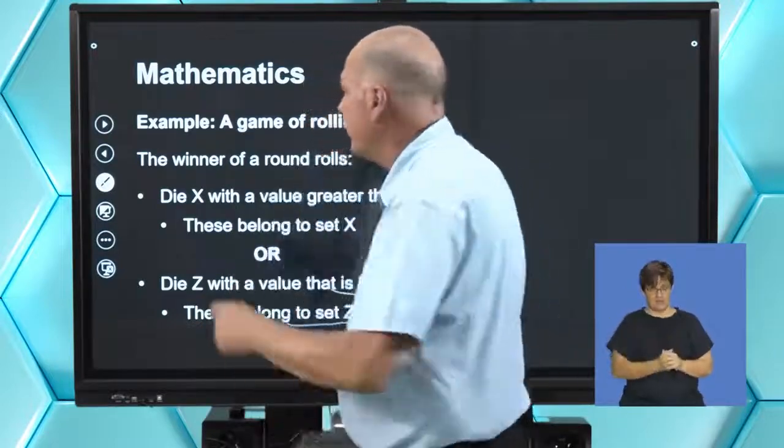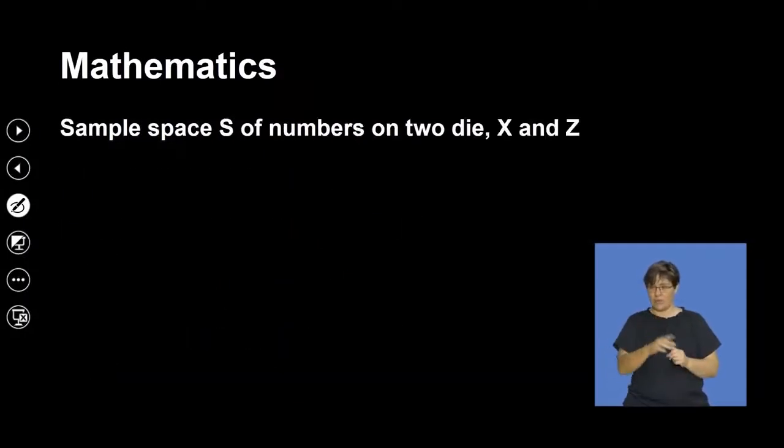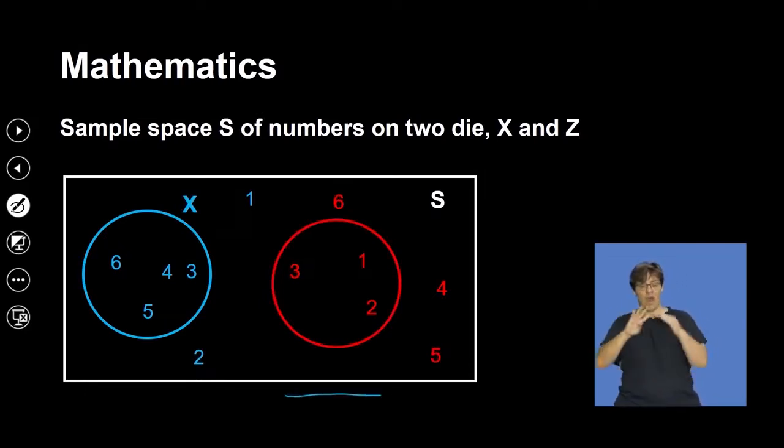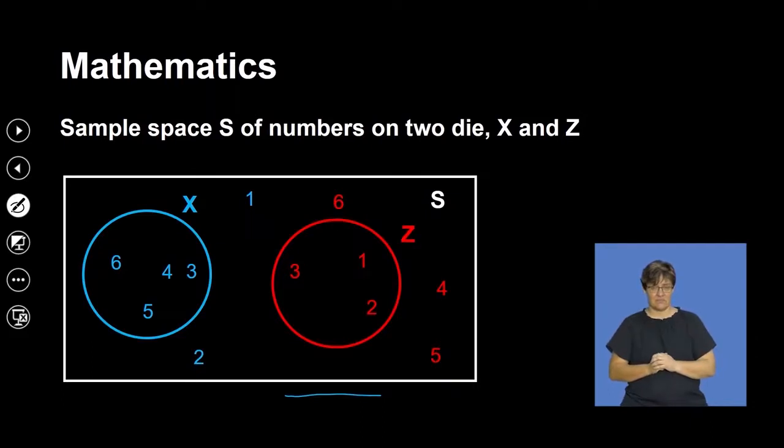Have a look at it in graphic form. Here we go. There's all our values. And what we recognize is that there are 3 values that you can win with set Z. If you roll a 1, 2, or 3, you can be a winner with set Z.